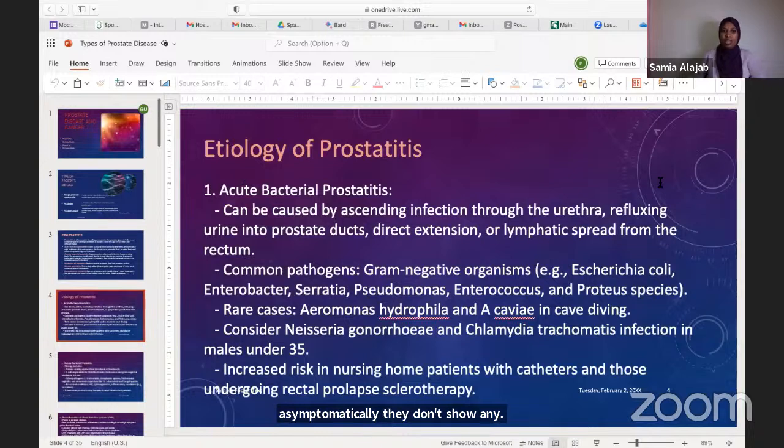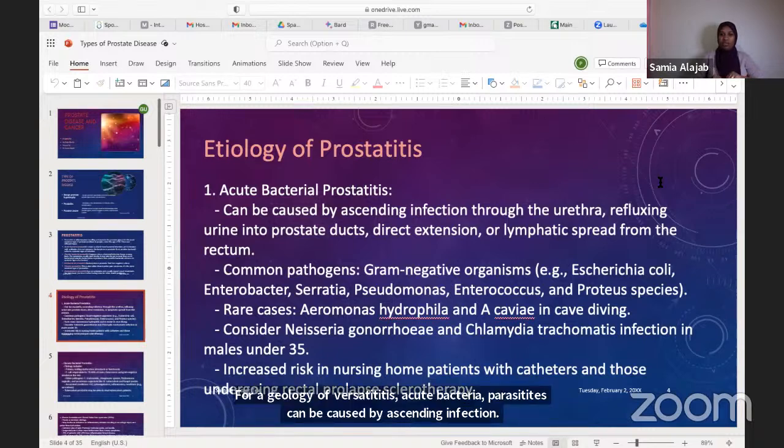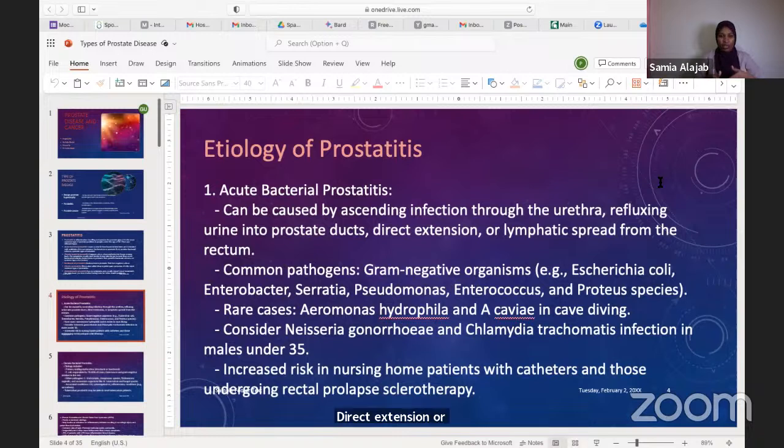For the etiology of prostatitis, acute bacterial prostatitis can be caused by ascending infection through the urethra, reflux of urine into the prostate duct, direct extension, or lymphatic or blood spread from the rectum. Common pathogens for acute bacterial prostatitis are gram-negative organisms: E. coli, Enterobacter, Serratia, Pseudomonas, Enterococcus, and Proteus species.